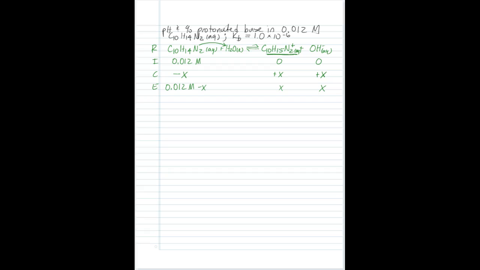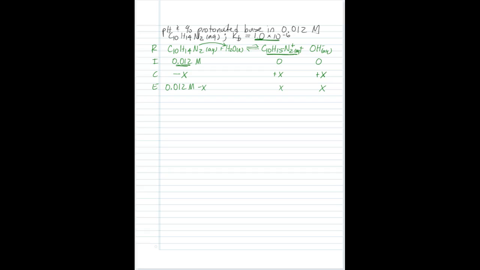Now at this stage, you should be thinking, am I able to use the small x assumption? Because you often are for this. And so the way to do that is to take the initial concentration and divide it by the K. And in this case, we have two significant figures for both the initial concentration and the K value, right?